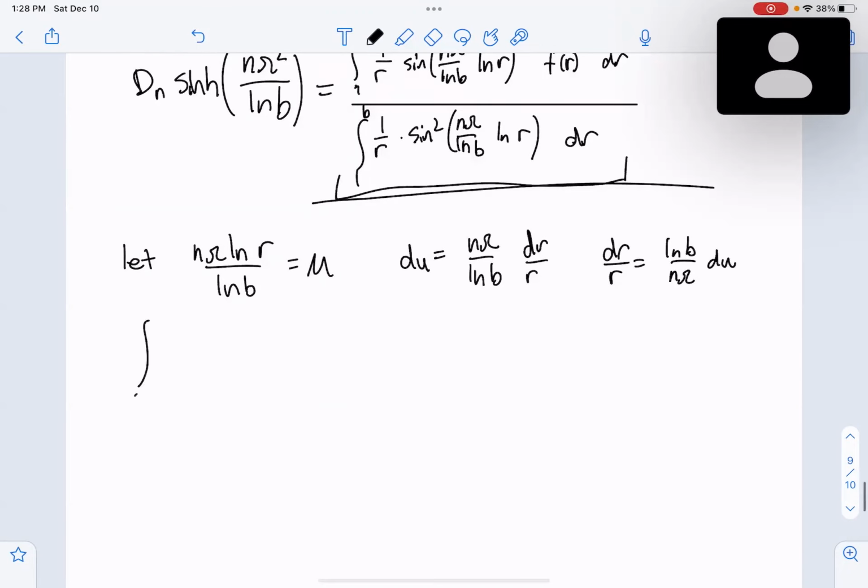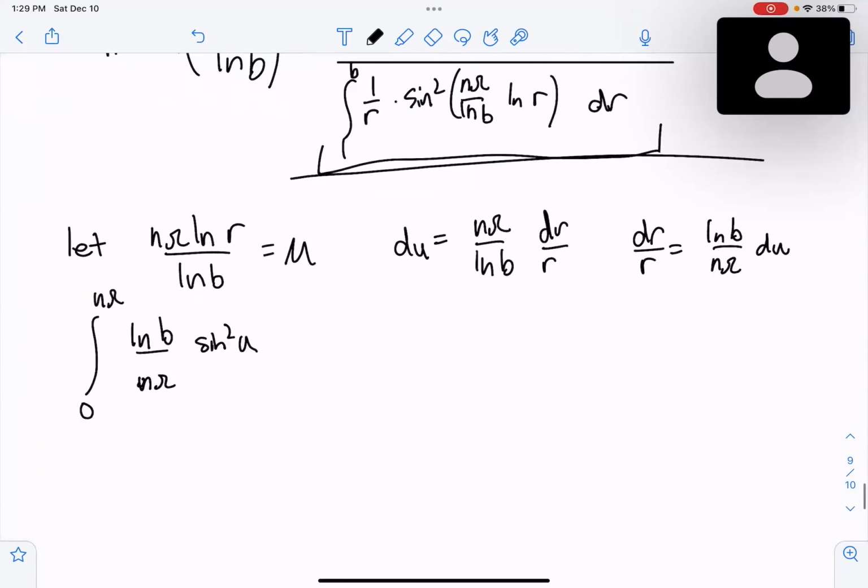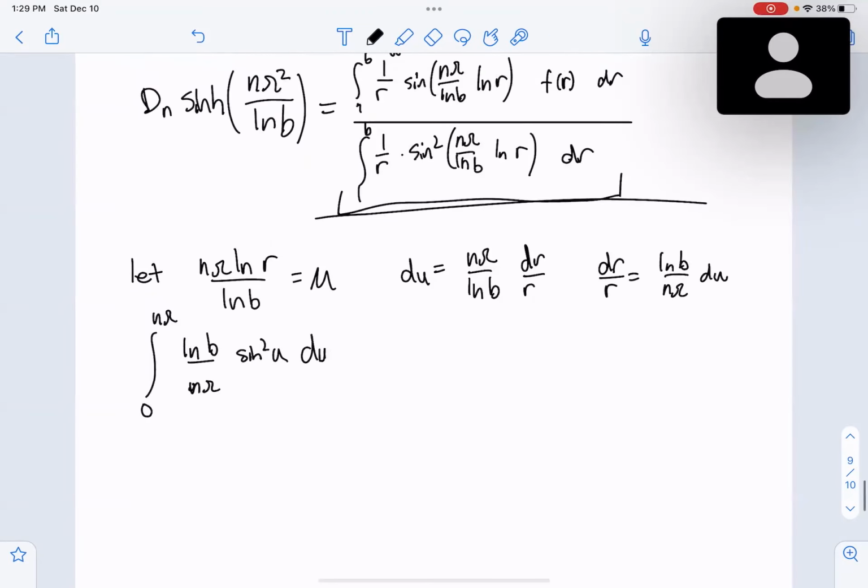Then for the denominator we have the integral from 0 to n pi of ln b over n pi times sine squared mu d mu, which is equal to ln b over n pi times n pi over 2, equal to ln b over 2.